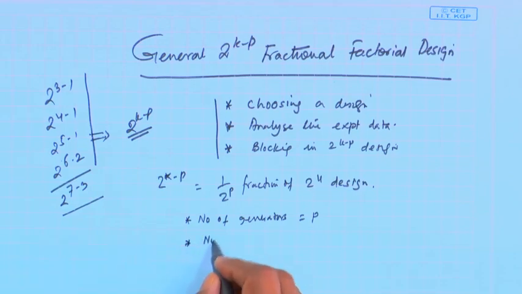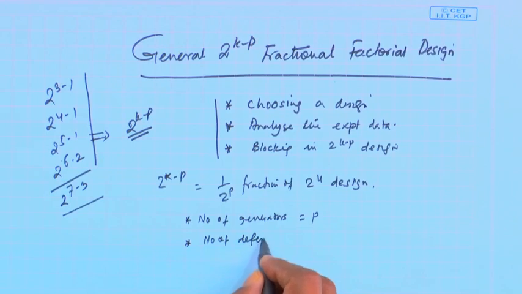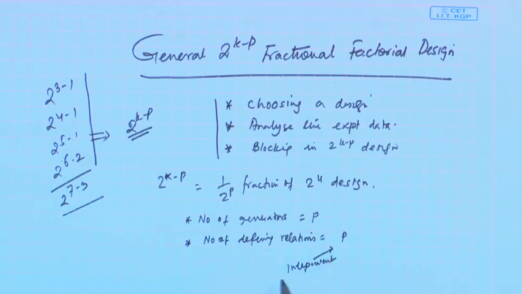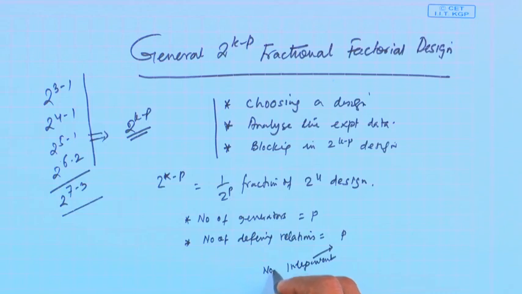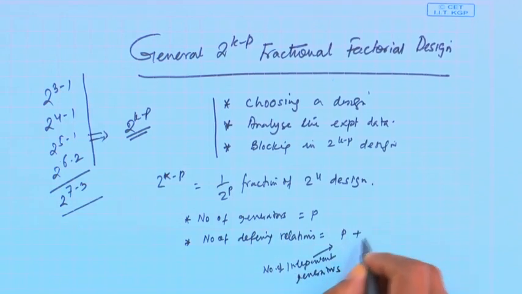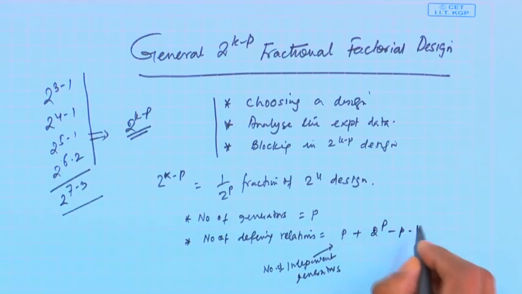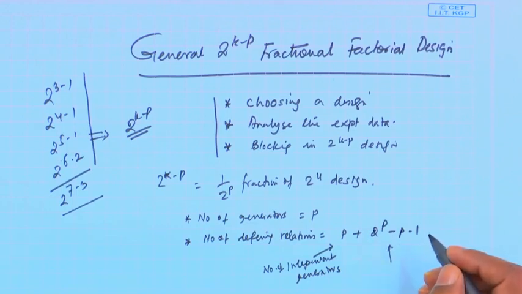Second is the number of defining relations, this will be p, that is the number of independent generators, plus 2 to the power p minus p minus 1, these are basically the number of generalized interactions.